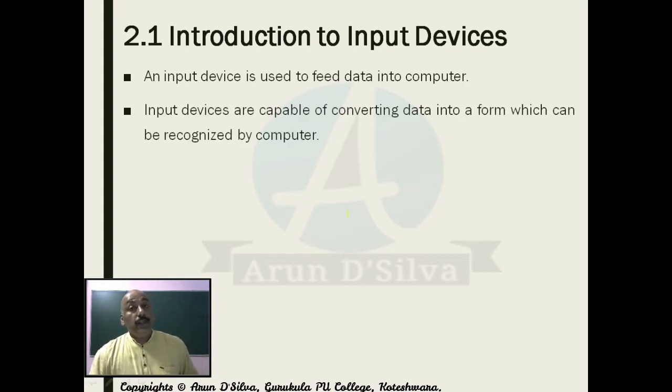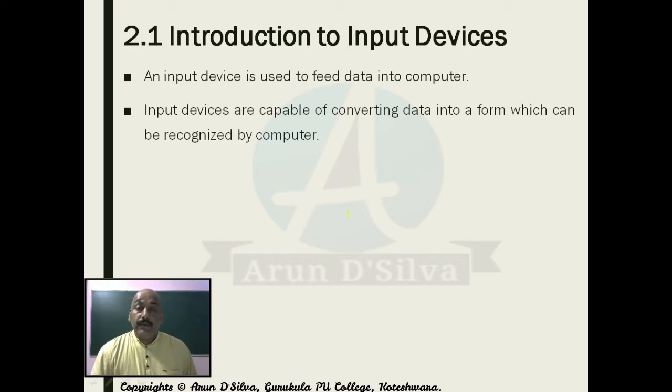Now input devices are capable of converting data into a form which the computer can recognize. You and me, we normally recognize English alphabets, Kannada alphabets or Hindi alphabets, numbers, the different things, because we are humans.